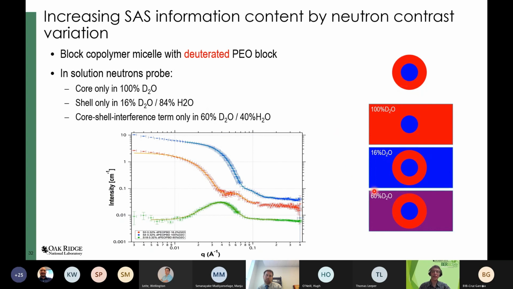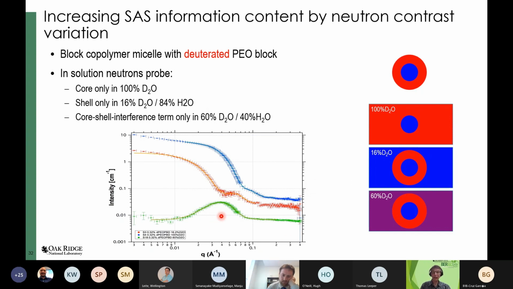If I take the average from the inner and the outer part and match that to the solvent, then everything should disappear, and it does. Everything disappears in the forward scattering, where everything interferes constructively. But if you go to finite angles, you still get some interference that gives you a scattering peak that is related to the distance between the inner and the outer part.